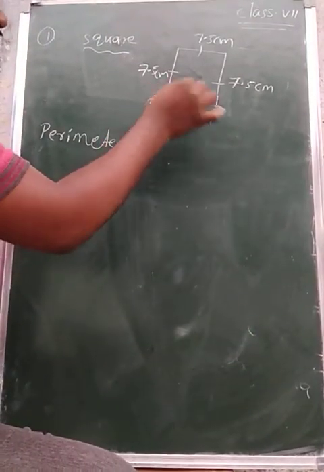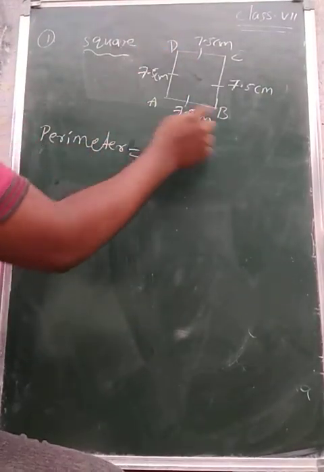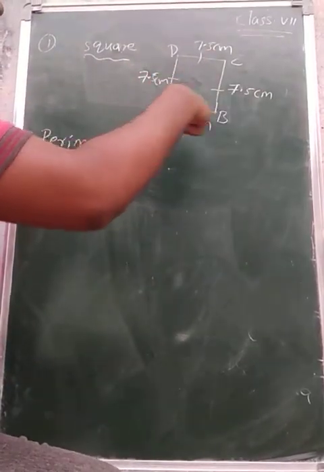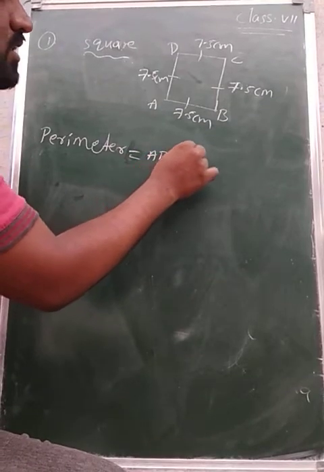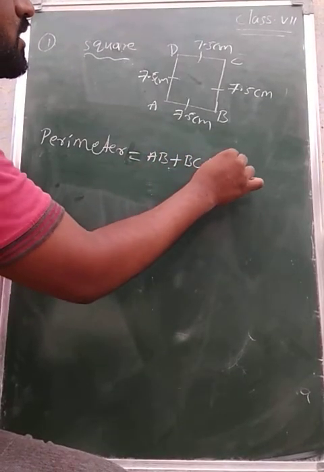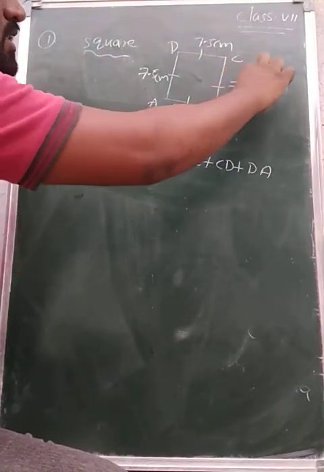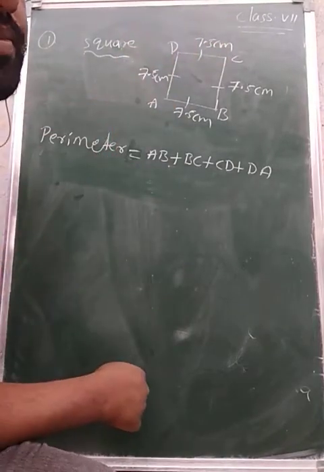Let us give a name: ABCD is a square. By adding the sum of the lengths of all sides, we get AB plus BC plus CD plus DA.